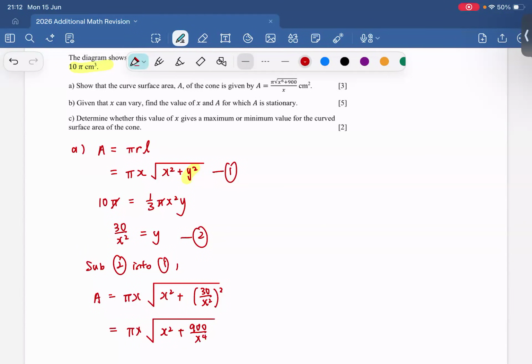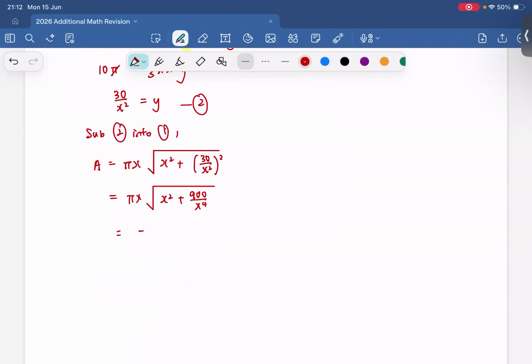Next thing that you need to take note of is you look at this. This is a single fraction. So I will also want to attempt to change it into a single fraction. And how to do that? Common denominator. So this is x to the power 6 plus 900 over x to the power 4. Okay, so you know that the square root you can actually just give to the top and give to the bottom. Why do I do that?